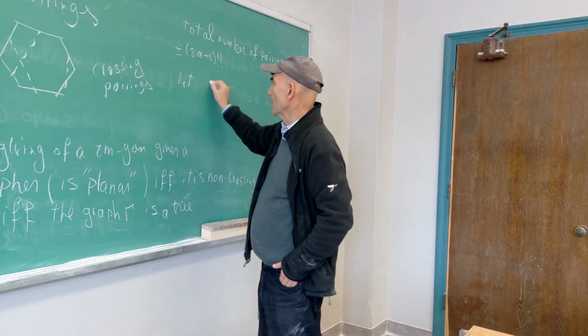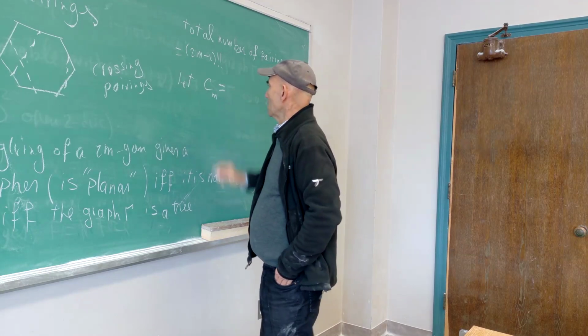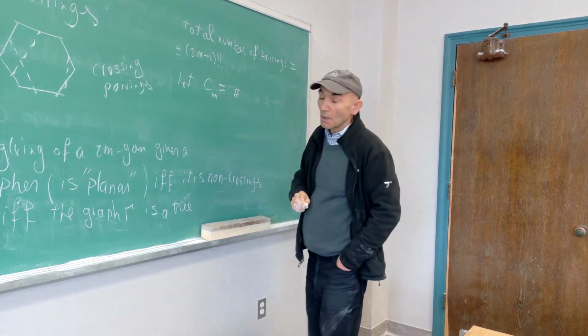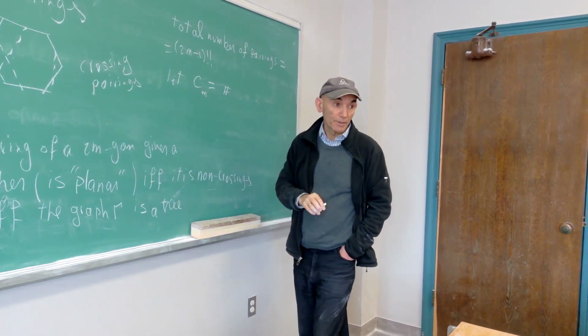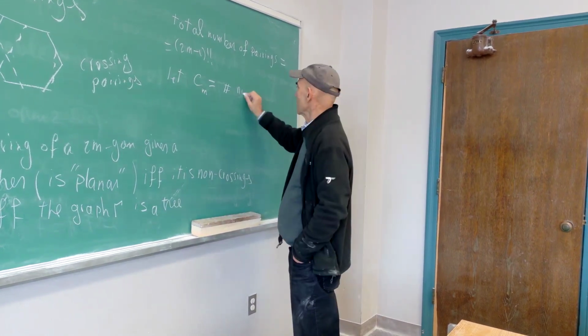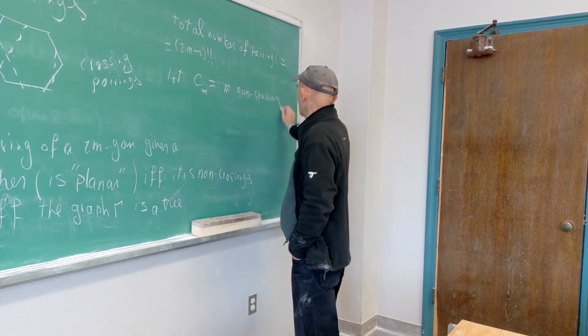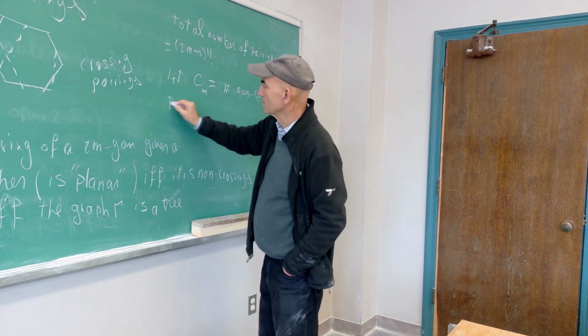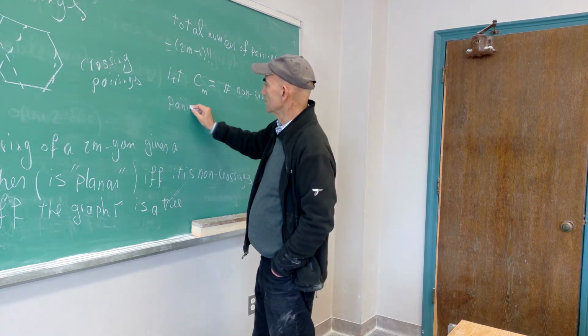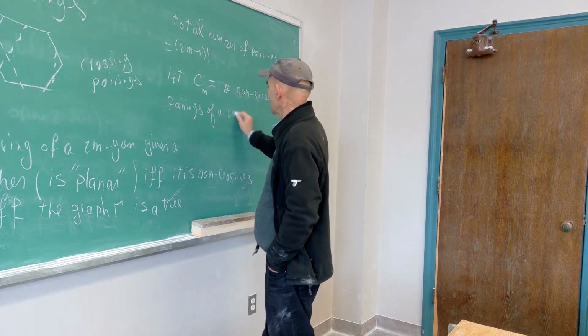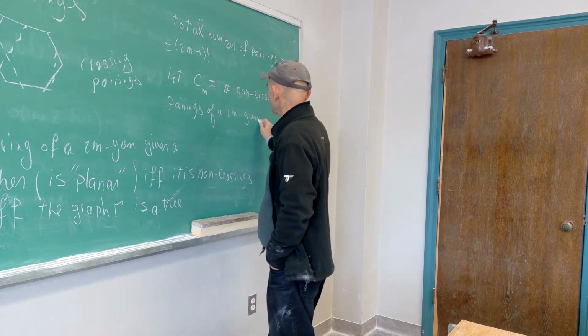Let C_m equal the number of non-crossing pairings of a 2m-gon.